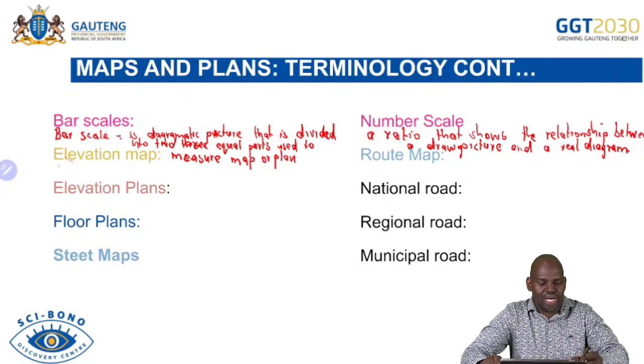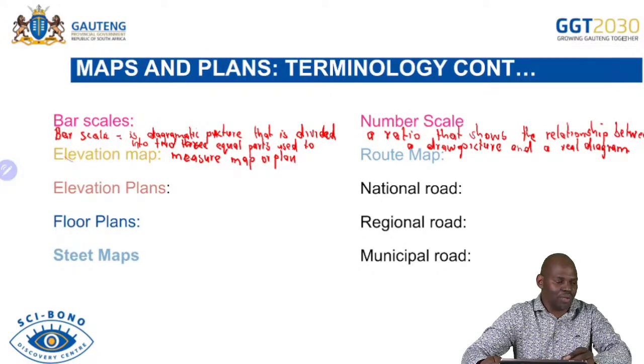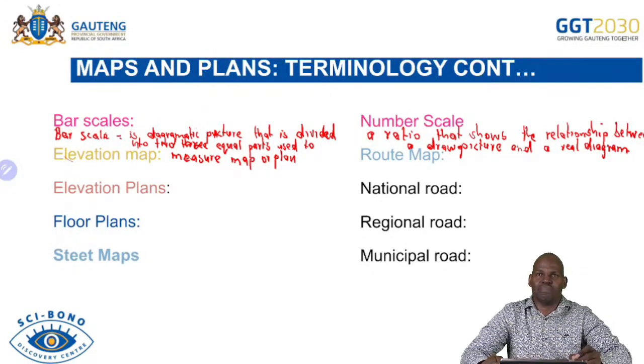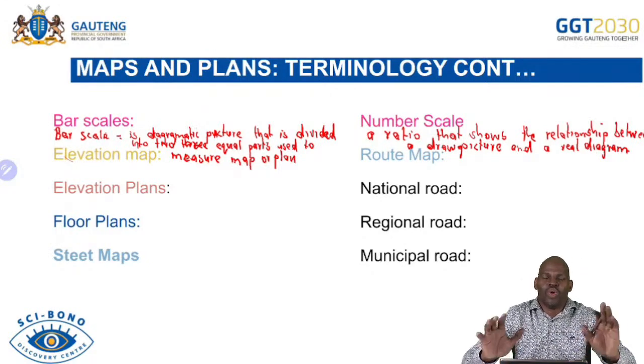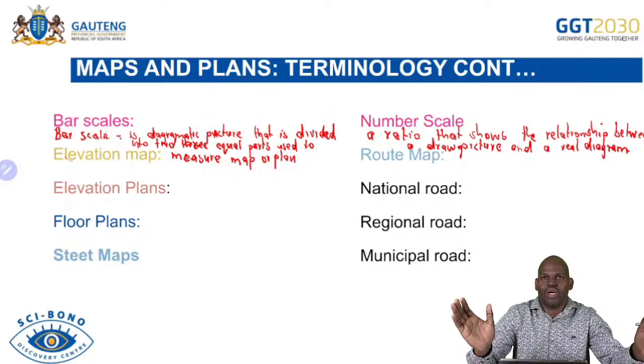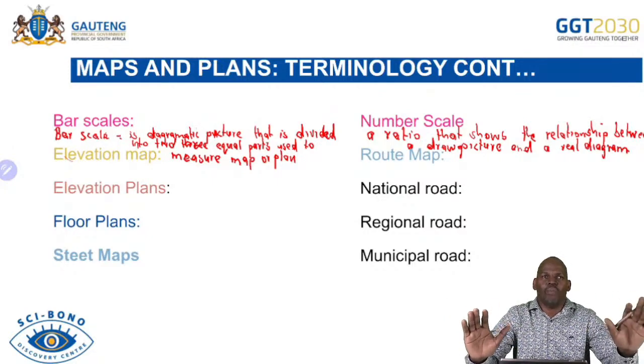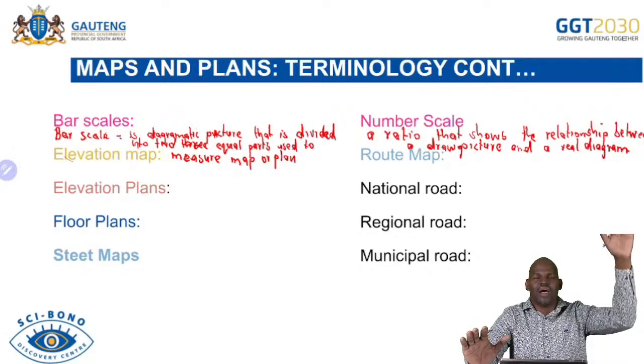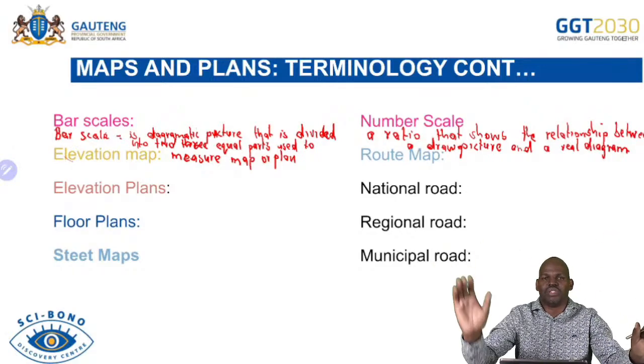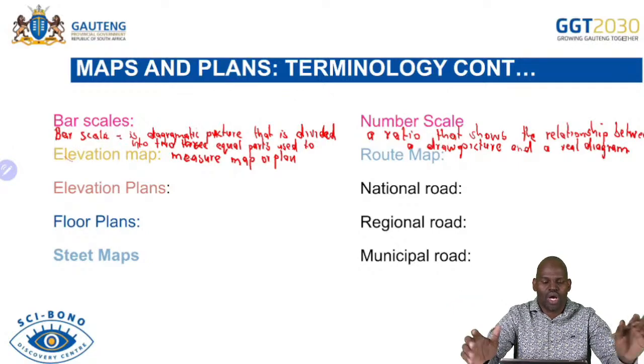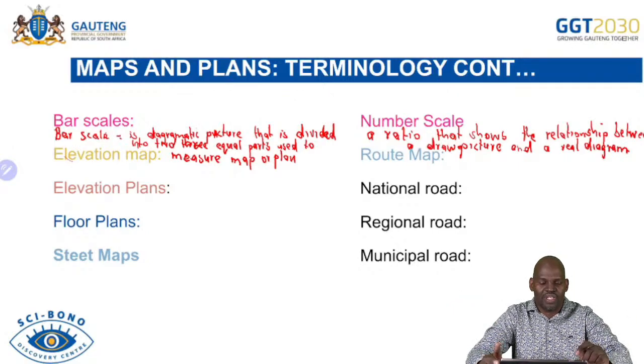And then we've got an elevation map. An elevation map shows the heights. For instance, Pretoria is a little bit lower than Johannesburg. So if you are at a certain place, you might see a certain place being higher, and certain places being lower. In that case, we look at the elevation map.